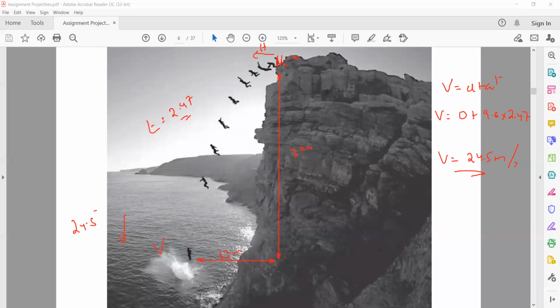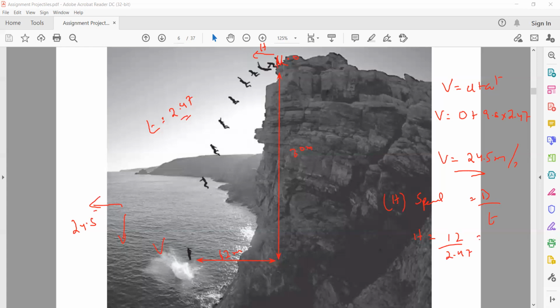What about the horizontal? Because the horizontal does not change throughout the motion, we have the range and we have the time, so we can use range or distance multiplied by time, or not multiplied, because we need speed. So the speed or horizontal component is equal to distance or range divided by time. The horizontal component, the distance is 12 and the time is 2.47.